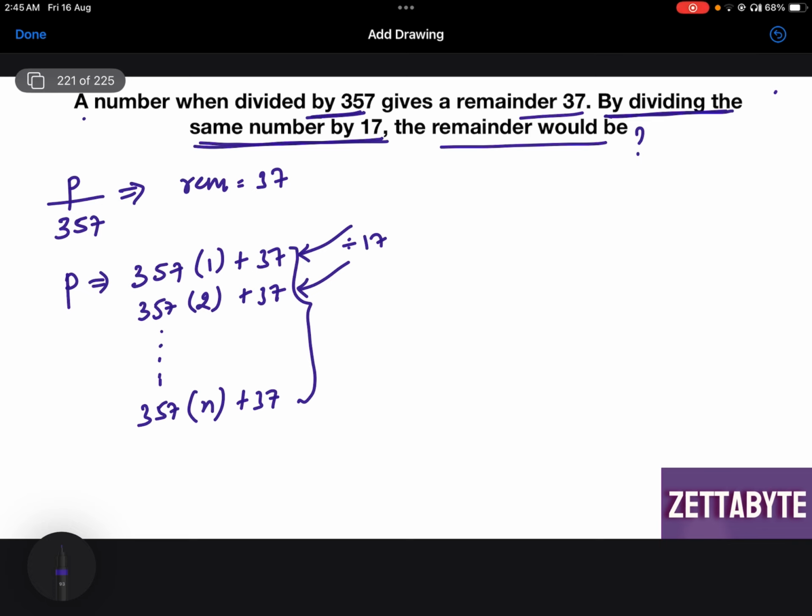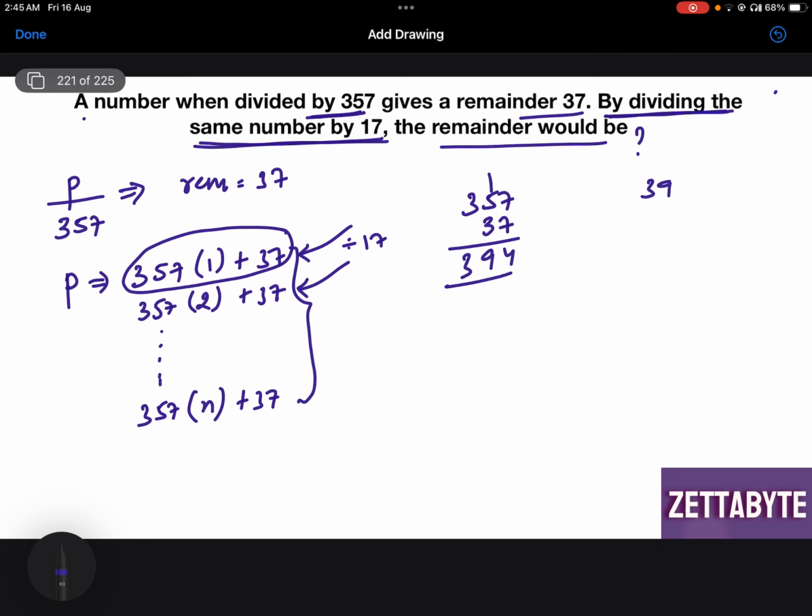So there's a trick to this question, which is if I explore a remainder for this number, which is 357 times 1, that is 357, and 37 added to it would give me 394.